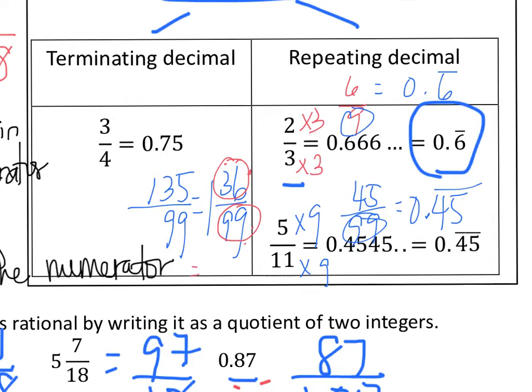So we therefore can conclude this is 1.36 repeating. And if you punch it in the calculator, you'll get this as your answer.